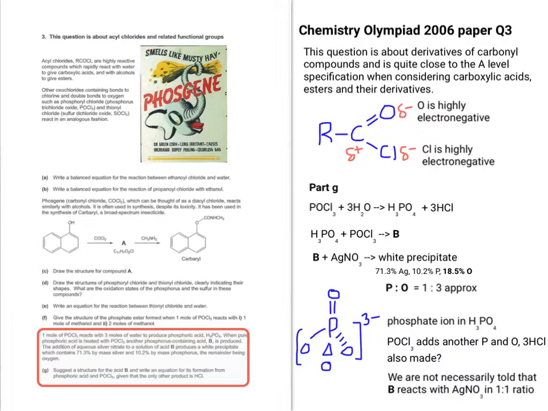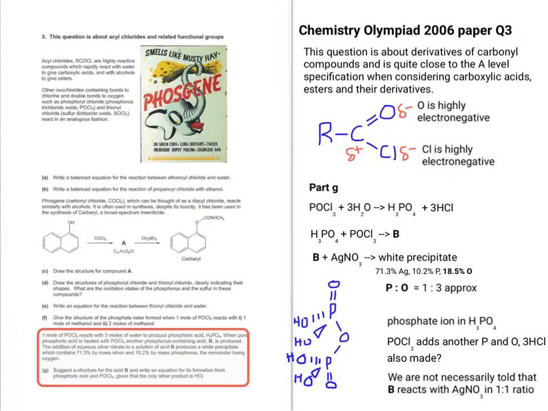It doesn't actually tell us that, so we can't really assume that. So I'm going to propose that structure there as my acid B. So it just says suggest a structure. I'm not saying that is the structure, but working on what we've got as clues, that seems to fit the bill so far.